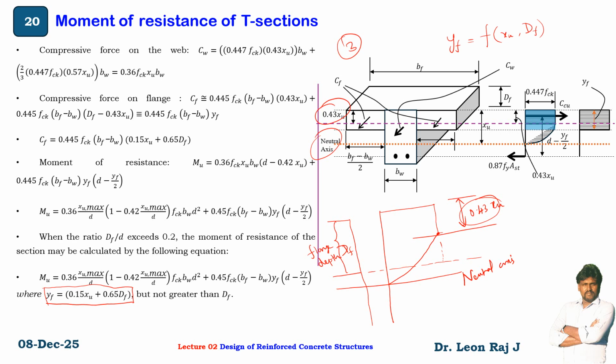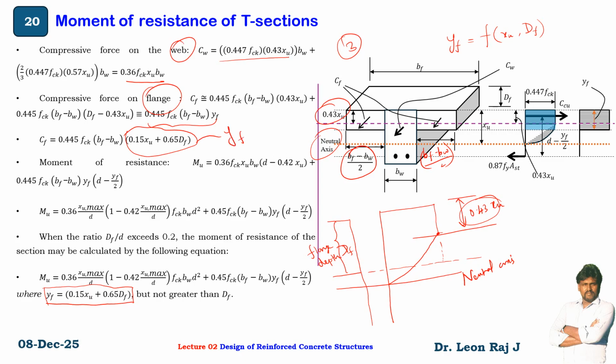Here the compressive force of the web is 0.36 fck b into Xu. Then the flange portion is the old formula, 0.445 fck (Bf minus bw) into Yf. So this portion is (Bf minus bw) divided by 2, and this portion is also (Bf minus bw) divided by 2. So this is the flange portion into Yf.